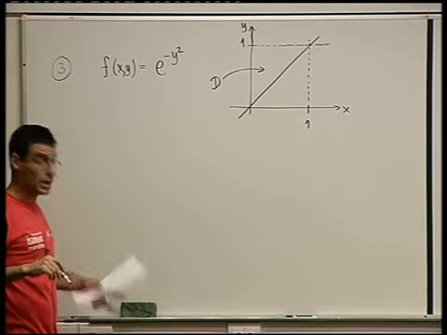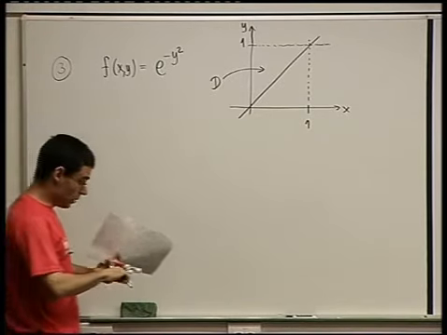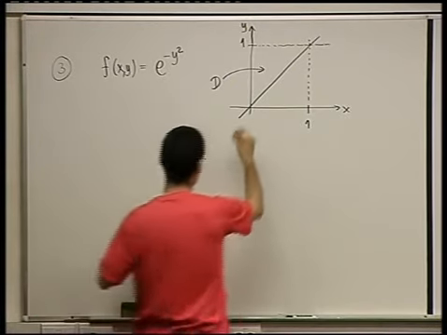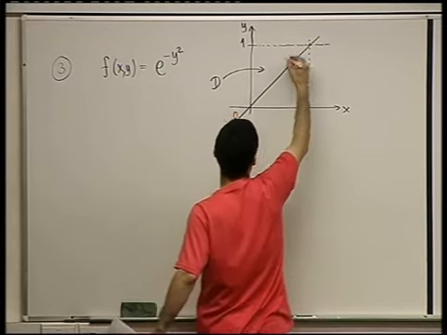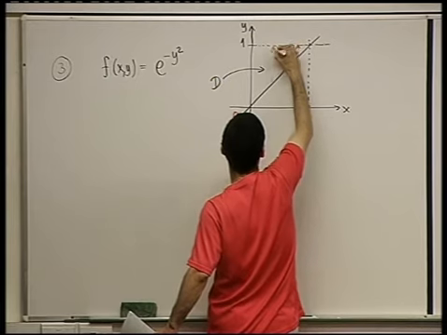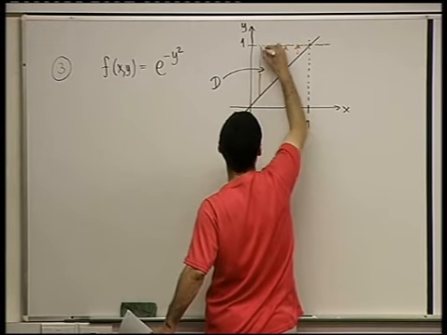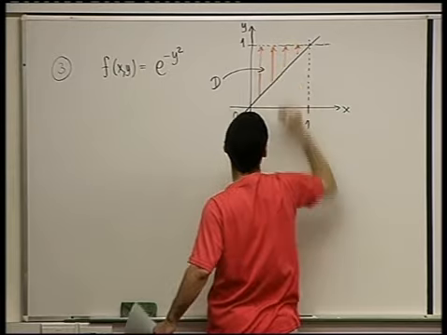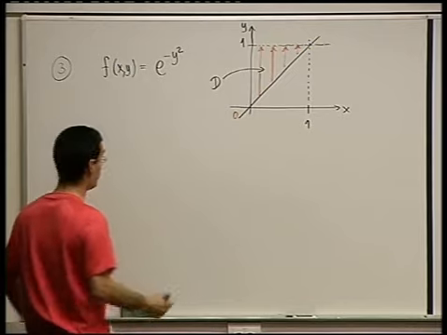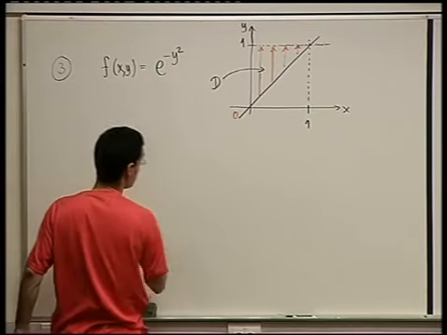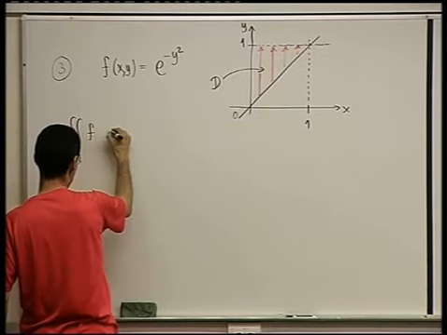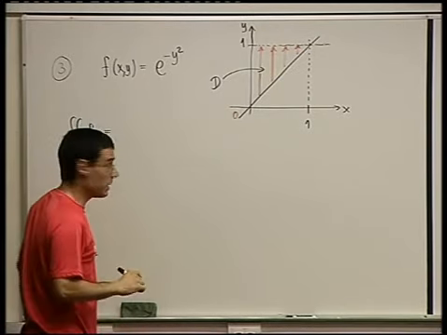Now, do you agree that it's a simple domain? If I let the x's range between 0 and 1, and for every x, I let the y's range between the bottom of the triangle and the top of the triangle. Do you agree? So what's going to be the double integral of f over this domain? It's going to be the double integral over D of f. Let's write it as an iterated integral.